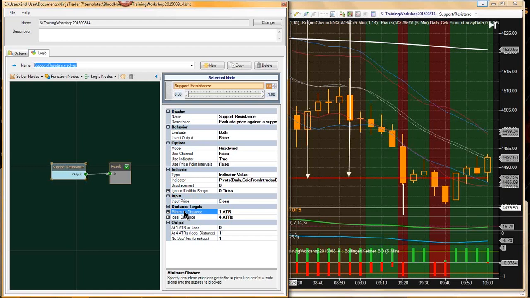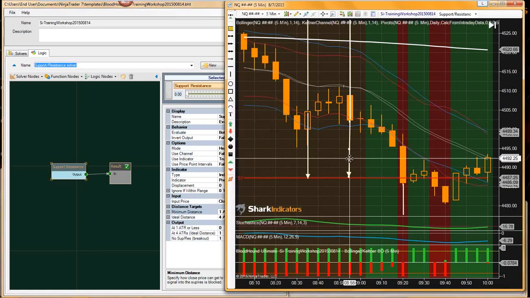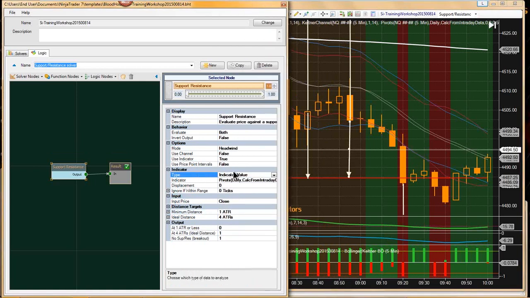All right, next step is our distances. This is where you determine, for headwind mode, using the distance targets, when price is too close to support resistance to take a trade.